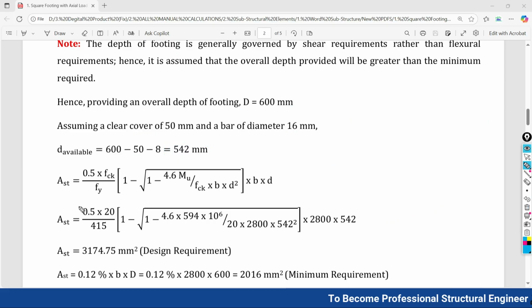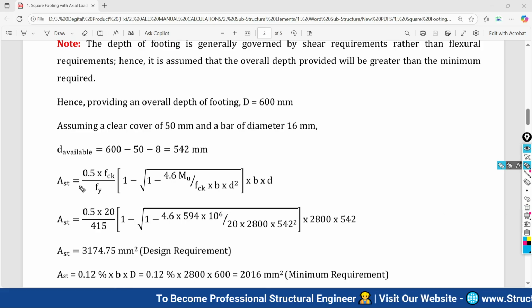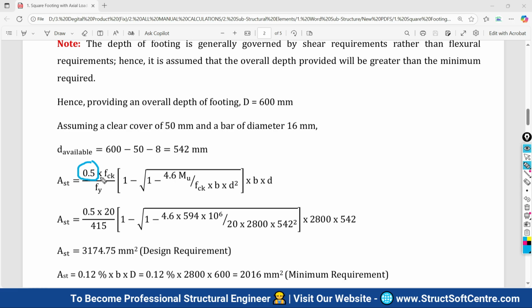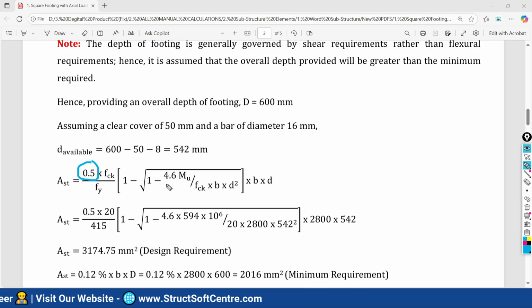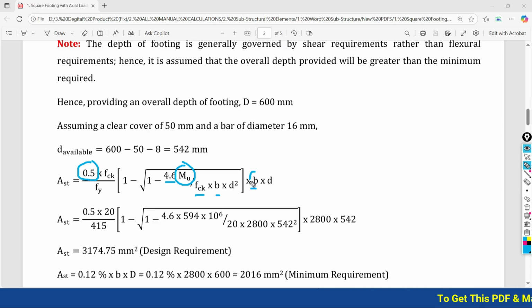Now the area of reinforcement required in both directions. The formula is 0.5 fck divided by fy, properties of your material, inside bracket 1 minus square root of 1 minus 4.6 times ultimate moment, factored moment, divided by fck b d square, where d is the effective depth, multiplied by b into d. b is nothing but your transverse dimension with respect to the considered direction.